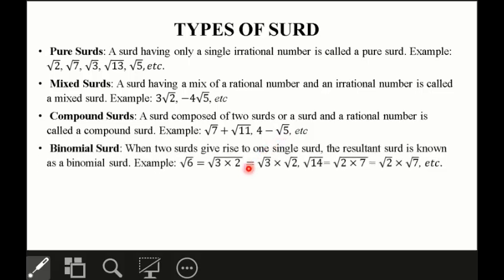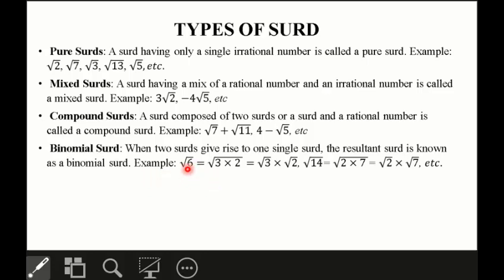Then the next one, we have something called a binomial set. When two sets give rise to one single set, the resultant set is known as what? A binomial what? Set. So whenever two sets multiply or come together to form a single set, we term it as what? A binomial set.